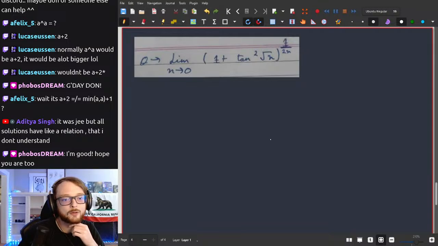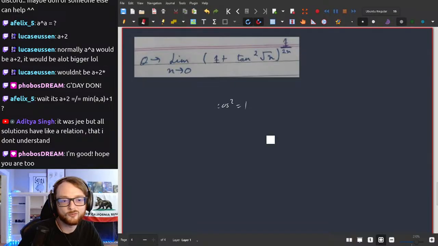Is this a Pythagorean? Isn't that secant? Yeah, that's secant squared.